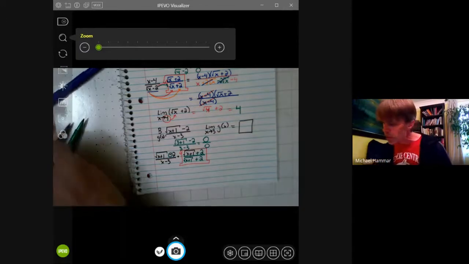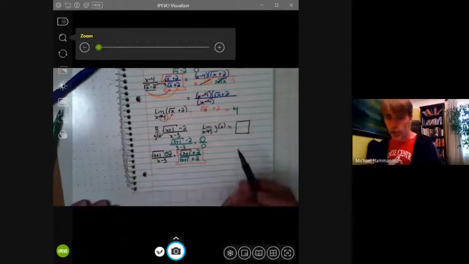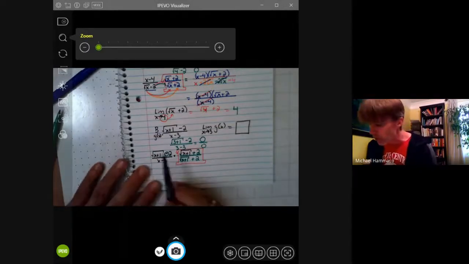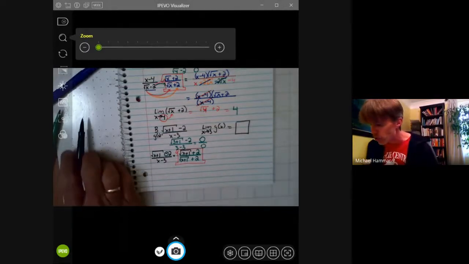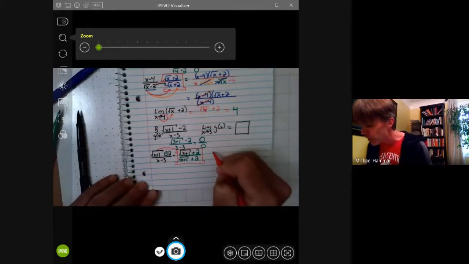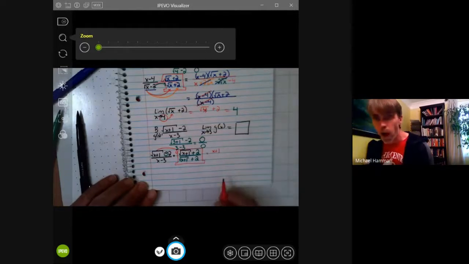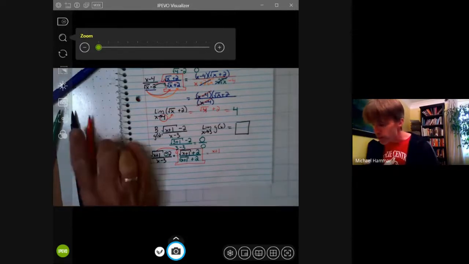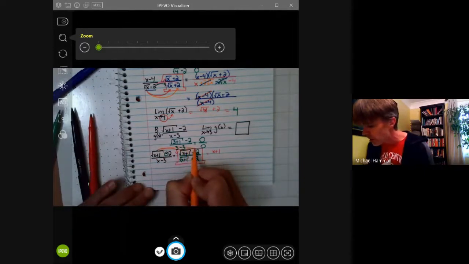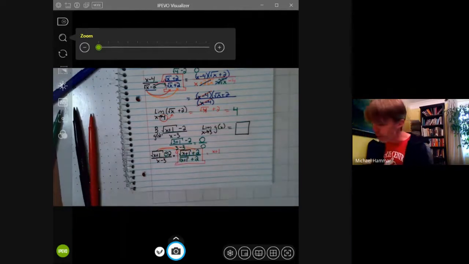Notice, this is a big old value of 1 now, okay? So let's go through and do our multiplication. In the numerator, you're going to multiply all of that out. We are going to do the square root of x plus 1 times the square root of x plus 1. So that is going to equal x plus 1. Now, the second thing we've got to multiply is the square root of x plus 1 times this 2 over here.